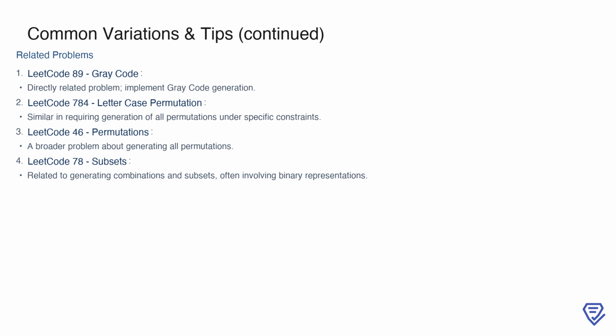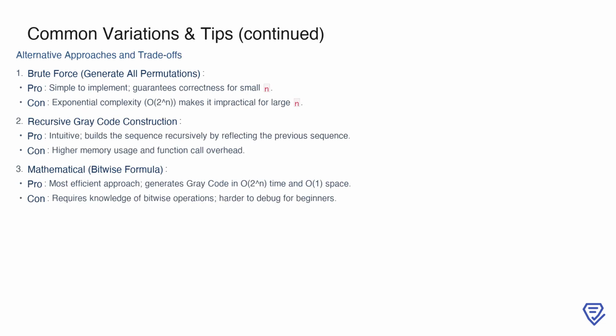These problems often involve binary representations or recursive techniques, making them excellent practice for tackling gray code and related challenges. By exploring these problems, you'll not only strengthen your problem-solving skills but also recognize recurring patterns in permutation and combination problems.